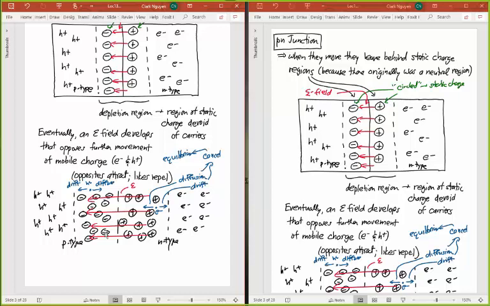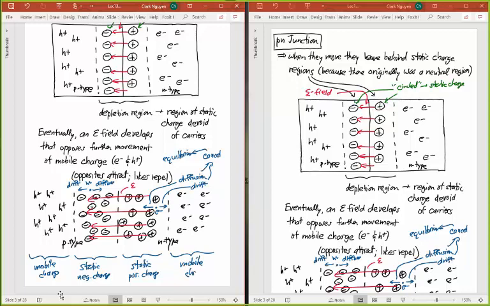So in the end, what I have is this situation where this is all mobile charge. Those are my holes. This is all static charge. It's static negative charge. This is all static positive charge. And this is all mobile negative charge.